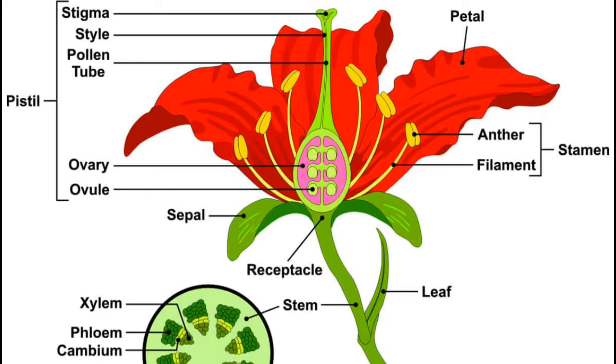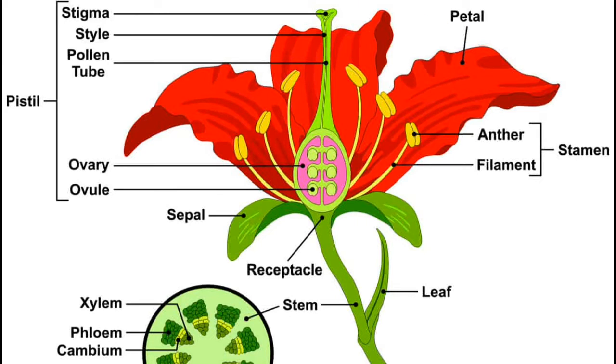Calyx, corolla, androecium and gynoecium are the 4 floral whorls. Calyx is formed of sepals. Corolla is formed of petals. Androecium is formed of stamens. Gynoecium is formed of carpels.